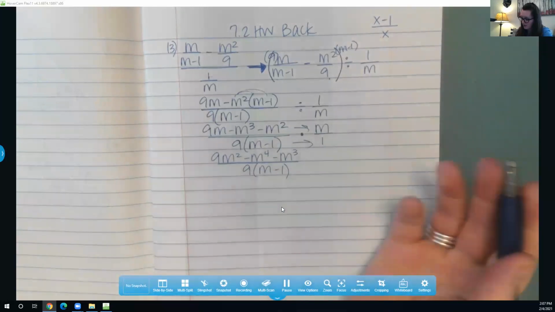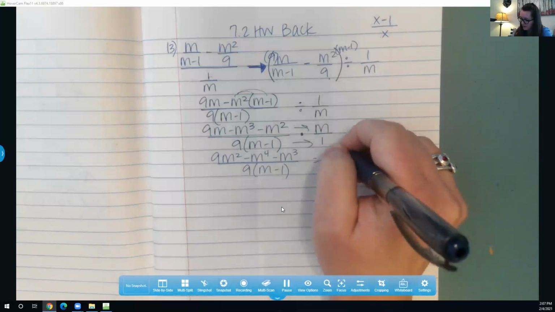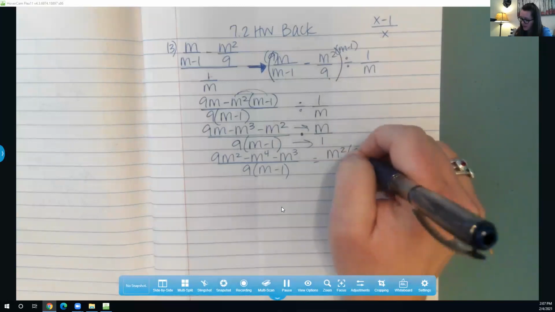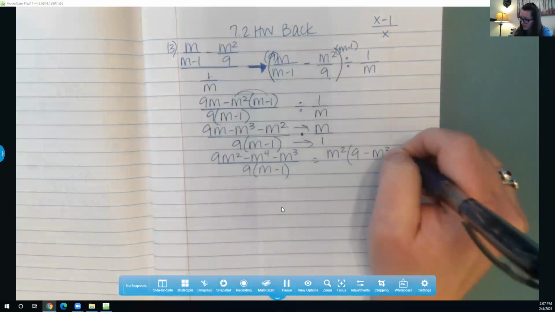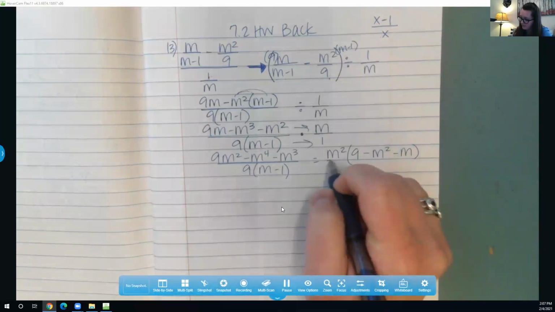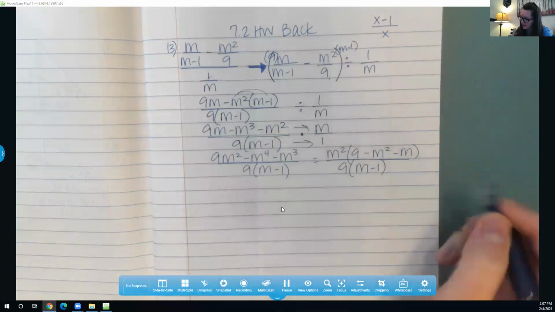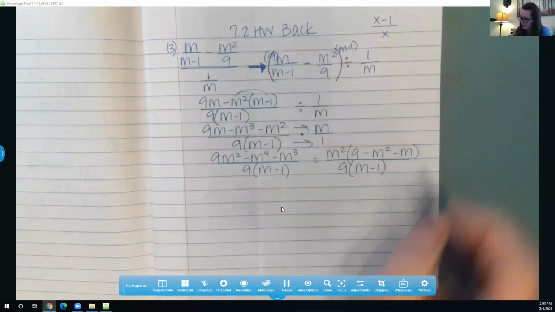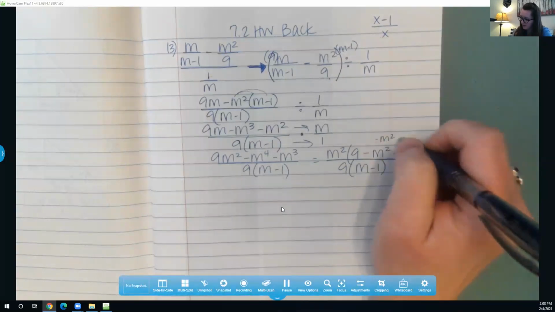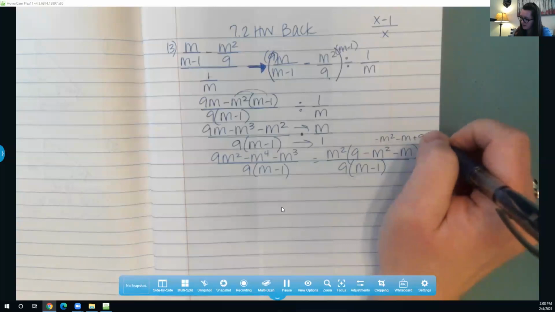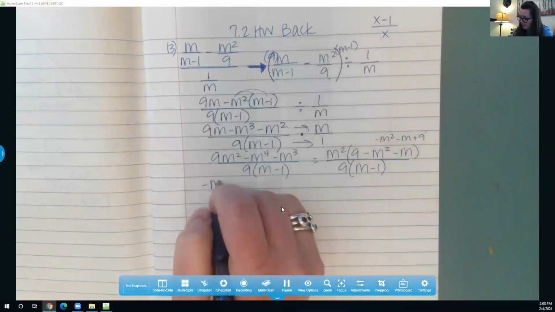So let's see if I can do anything here. I can factor out an m squared. So I have 9 minus m squared minus m, all over 9 times m minus 1. Let's rewrite this a little bit better. So this would be negative m squared minus m plus 9. I wonder if I can take out that negative. I'm just thinking through this, right?